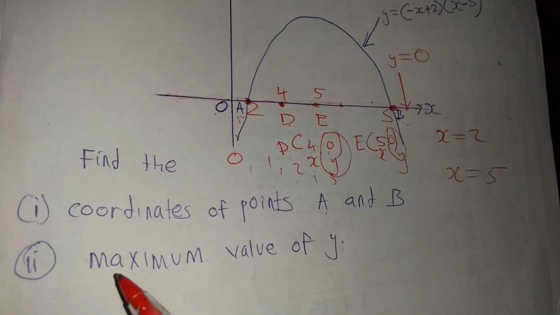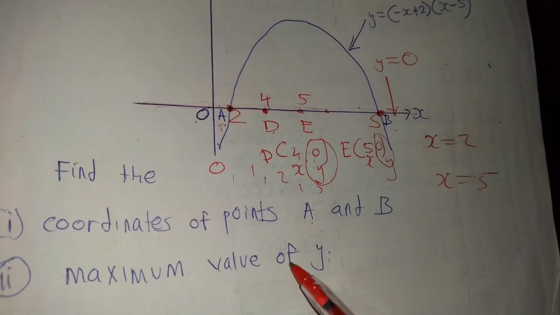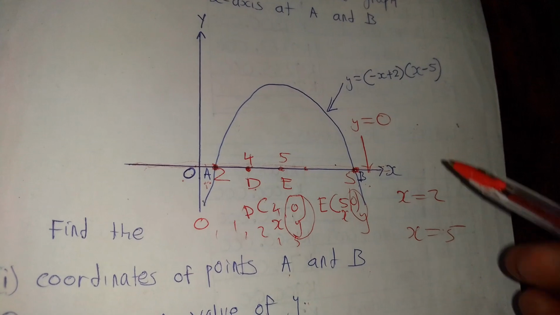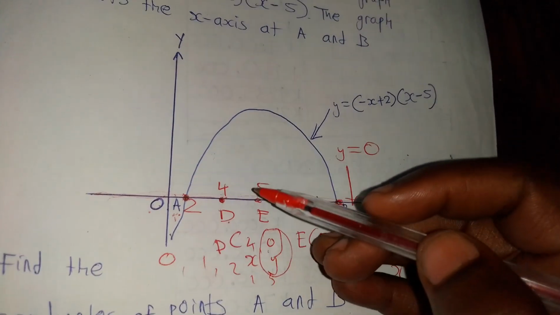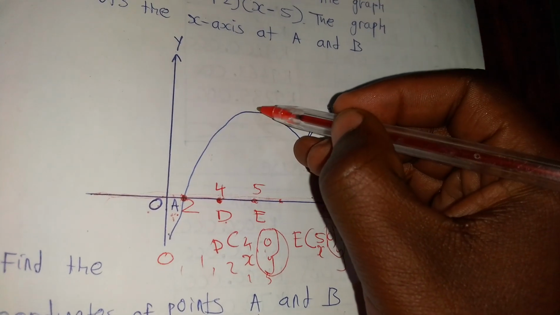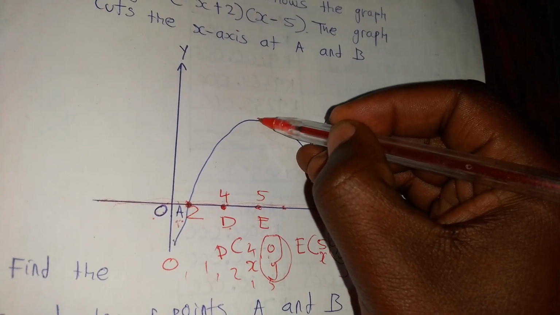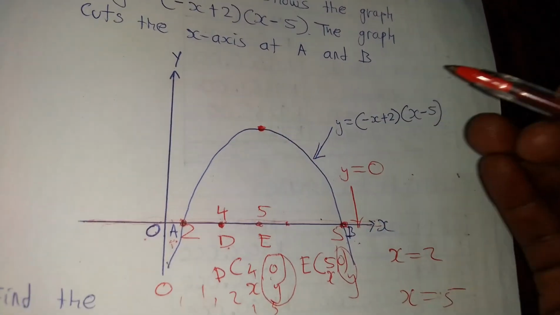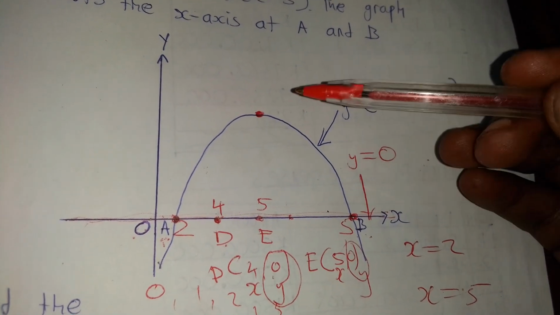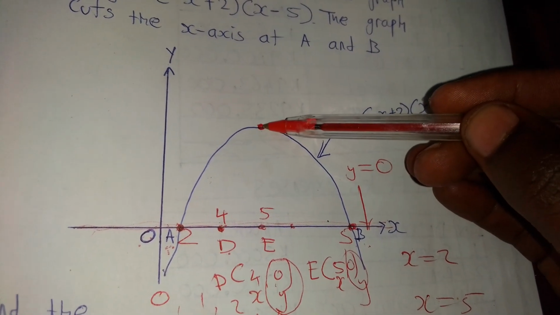Then, the maximum value of y. You see that? Now, the maximum value means the graph is opening upward. You see, it has opened upward. So at this point, that's the maximum value. At that point is what they want, the maximum value of y.